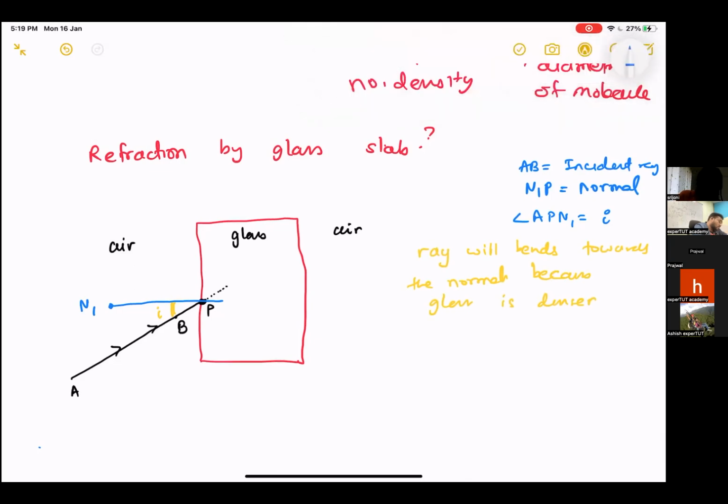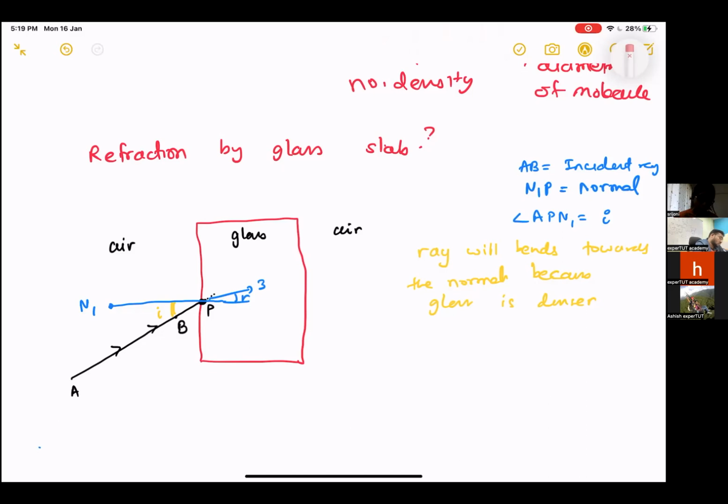Now, Mahita, tell me whether the ray will go like 1, 2, or 3. 3. Why not 2? So 1 and 2 are wrong, and only 3 is correct. 3 is the angle of refraction.